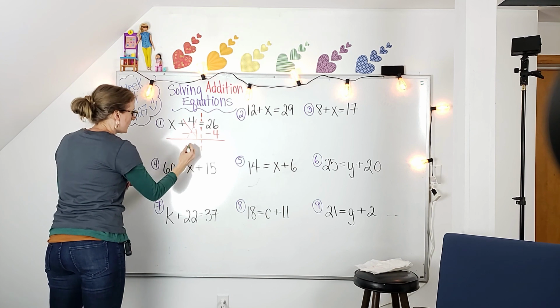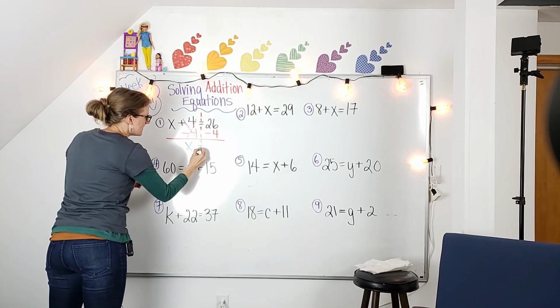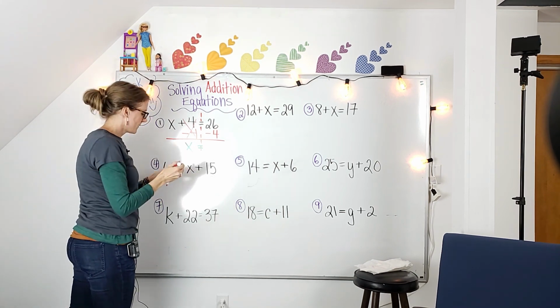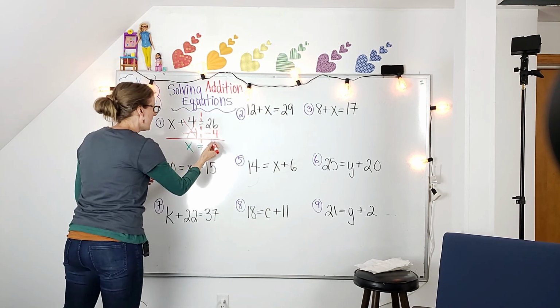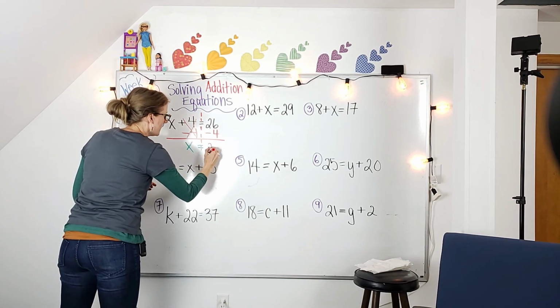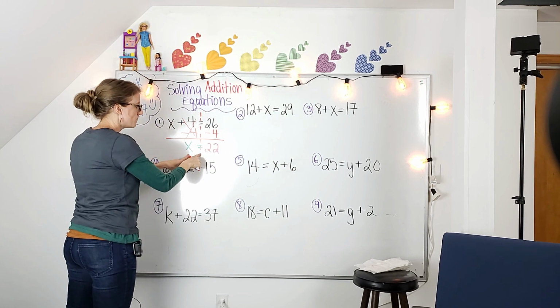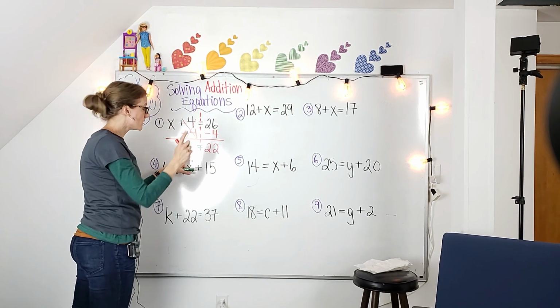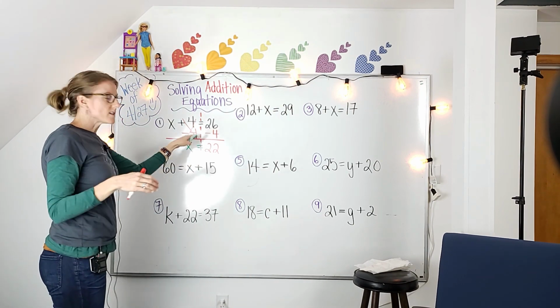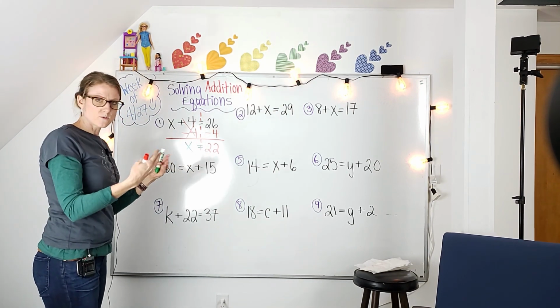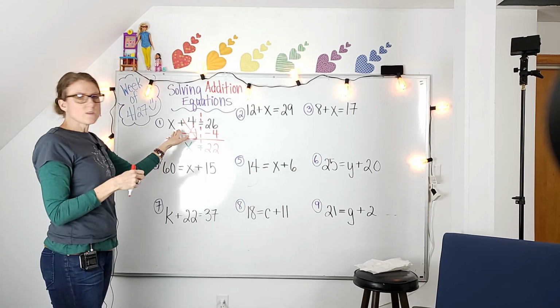So we know that all we have left here is x equals something, right? So what we're going to do is just subtract that. Pretty easy, right? Now some of you may have already guessed that x must have equaled 22 before you even actually solved it the traditional algebraic way, because you knew that in your head.